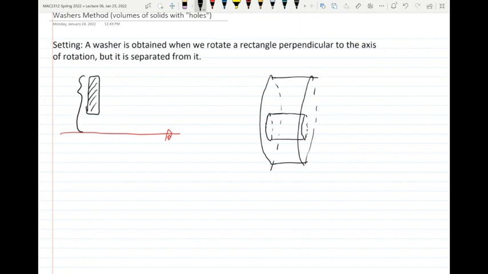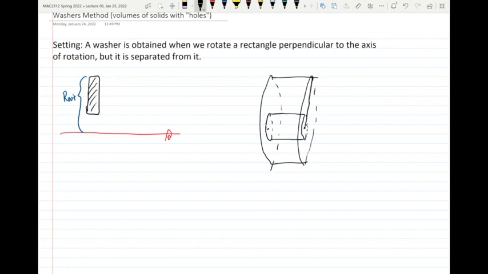Okay, now there are some quantities here that are important. So we want this. I'm gonna call this capital R out. Why? Because the top of the rectangle all the way up to the axis of rotation, even including the hole, that's the radius of the outside disc, right? Here is the center of my disc.